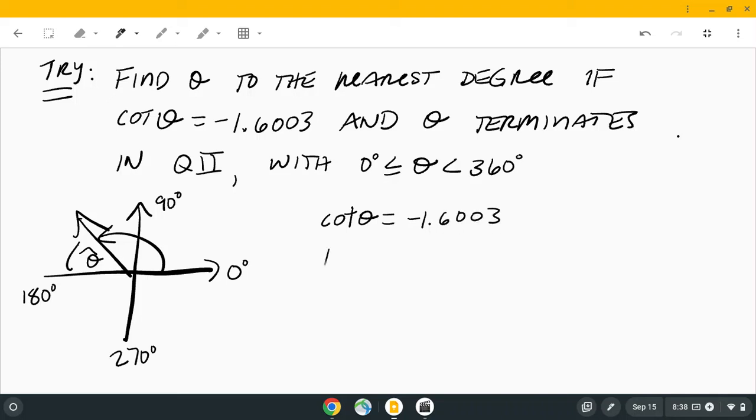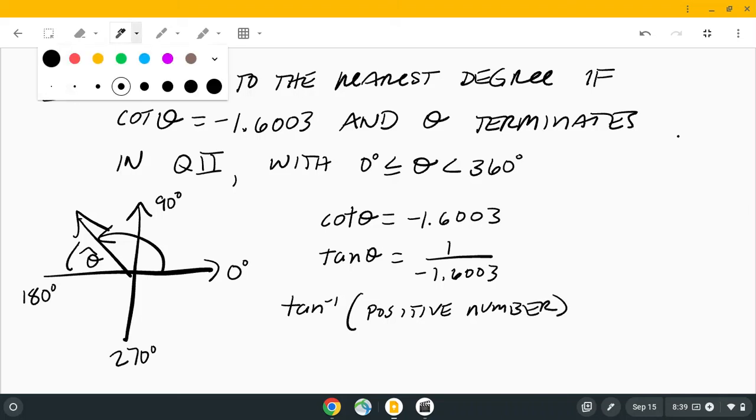So cotangent theta is negative 1.6003, right? Then that means tangent theta, because we don't have a cotangent inverse button, is the reciprocal. So 1 over negative 1.6003. Okay? All right, so we're going to use tangent inverse of, again, a positive number.